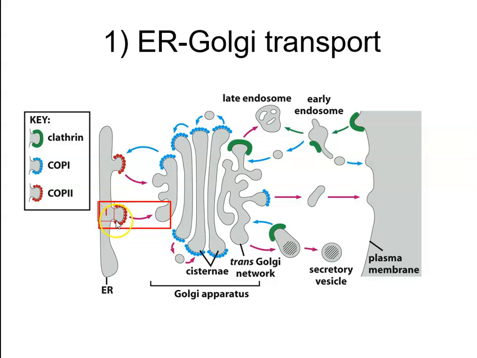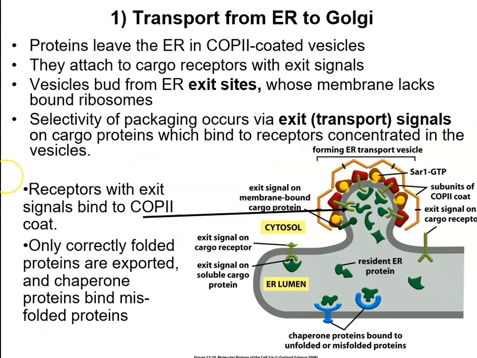So firstly, we're going to focus on this point. We've got proteins in the endoplasmic reticulum. How do they get to the Golgi? This slide shows how proteins get out of the ER. And as we heard about last week, proteins get secreted into the endoplasmic reticulum, and they'll be lacking in secondary and tertiary structure. They then get refolded by chaperone proteins in the endoplasmic reticulum, and once they're correctly folded, they can be dispatched from the endoplasmic reticulum.